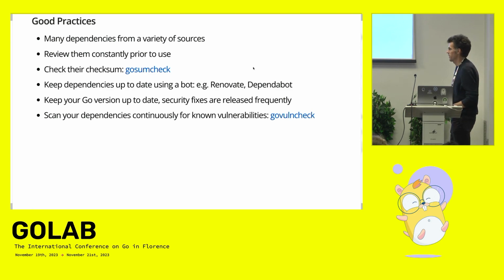We don't really look at them. It was also mentioned today in the keynote. The Go team built this checksum database, and it is integrated in Go modules. They check the integrity of these dependencies so that we make sure that we really pull what we expect, and nothing is modified on the way.